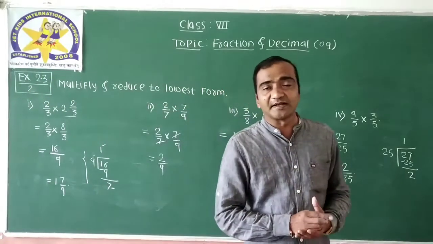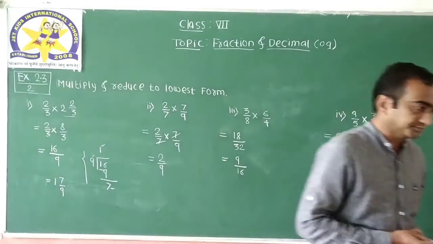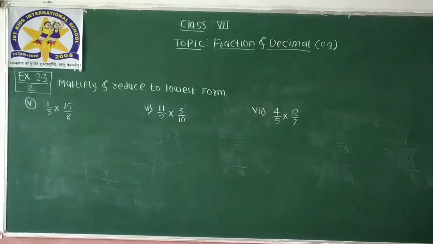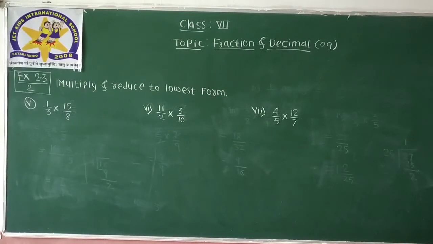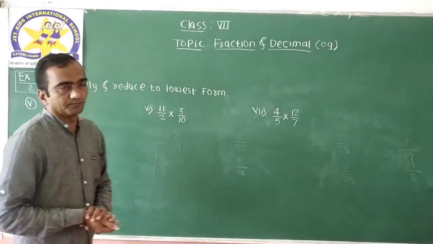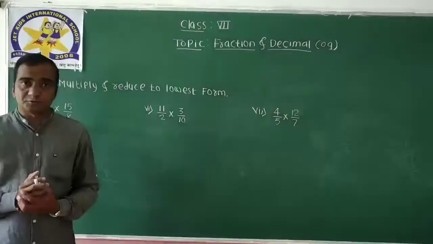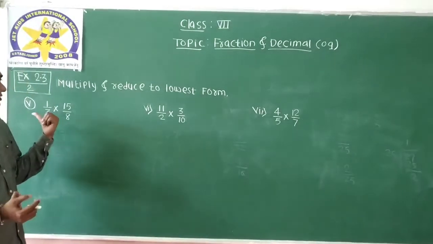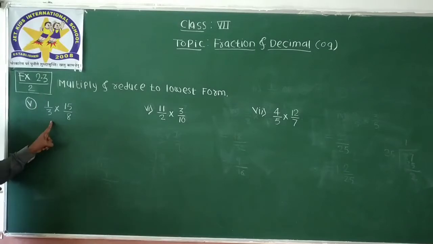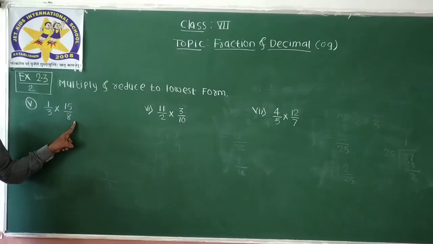Now we have to see remaining questions. Now students, our second question is going on and we have completed fourth question. Now we have to see question number 5th. Question number 5th is 1 by 3 multiplied by 15 by 8.